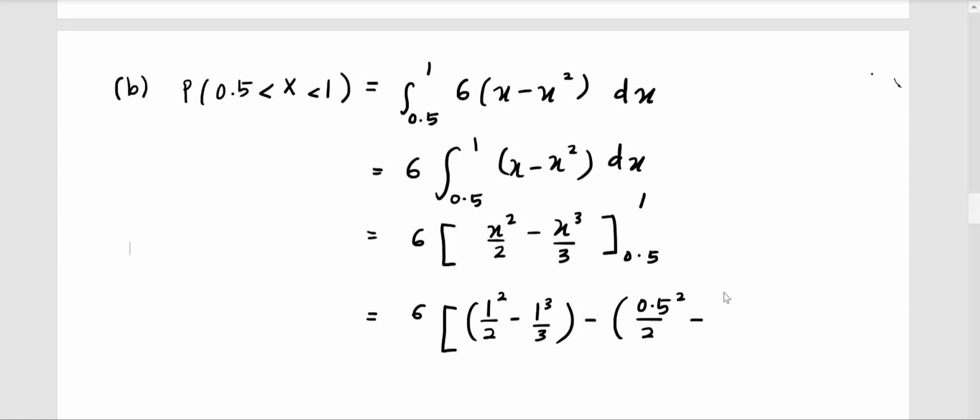Then after we simplify, we get 0.5. So this is our probability between 0.5 and 1.